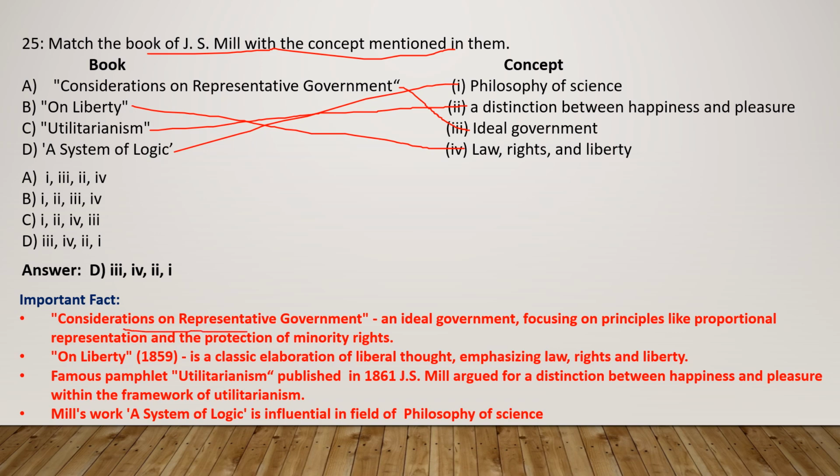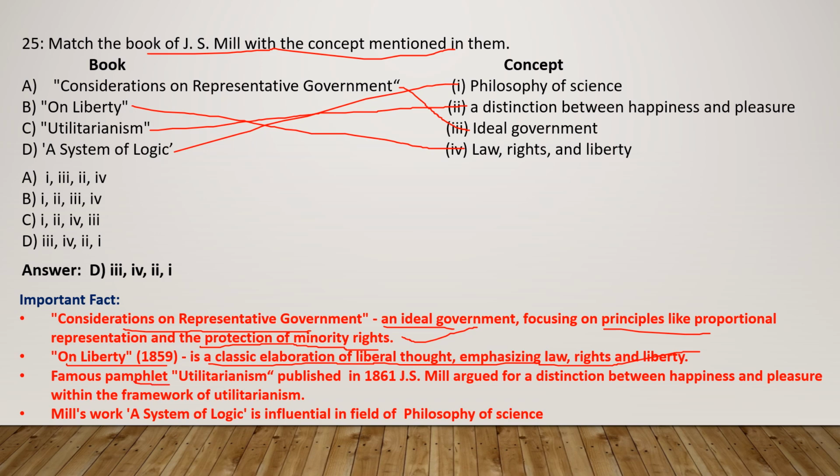Considerations on Representative Government and ideal government, focusing on principles like proportional representation and the protection of minority rights. These facts are very important. On Liberty, written in 1859, is a classical elaboration of liberal thought emphasizing law, rights and liberty.